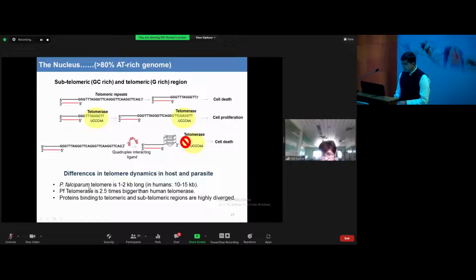The telomere in Plasmodium falciparum is 1 to 2 kb long, whereas in humans it is 10 to 15 kb long. Parasite telomerase is 2.5 times bigger than human telomerase. The proteins which bind to the telomeric and subtelomeric regions are highly diverged, and we currently do not have a comprehensive understanding of this.